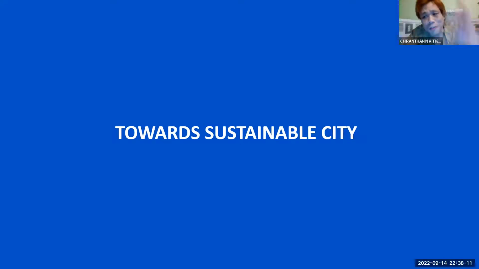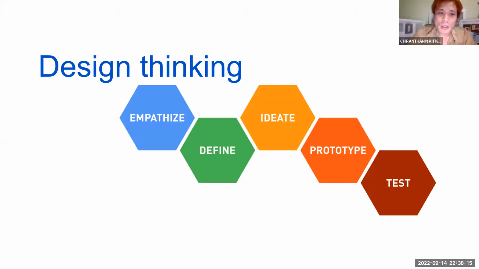So from cultural mapping, what next, right? It will come up with design thinking. So this is the design thinking: empathize, refine, ideate, prototype, and test. This could come up from cultural mapping.